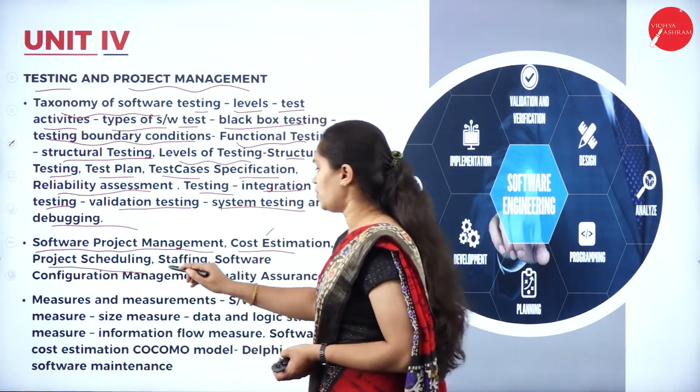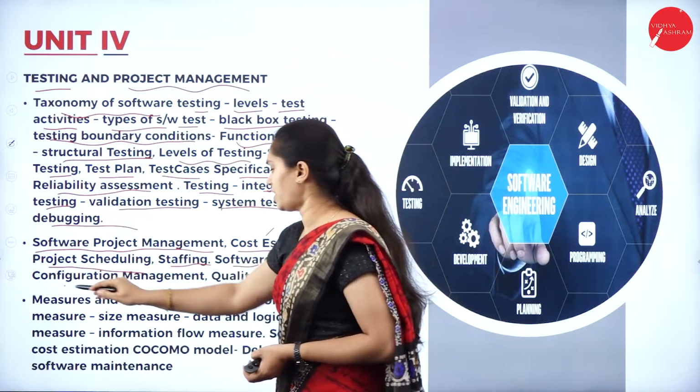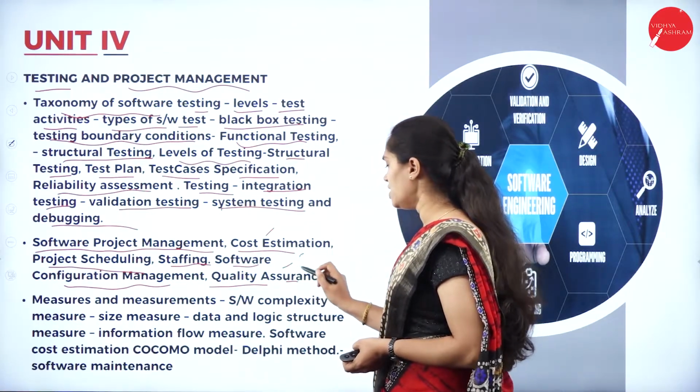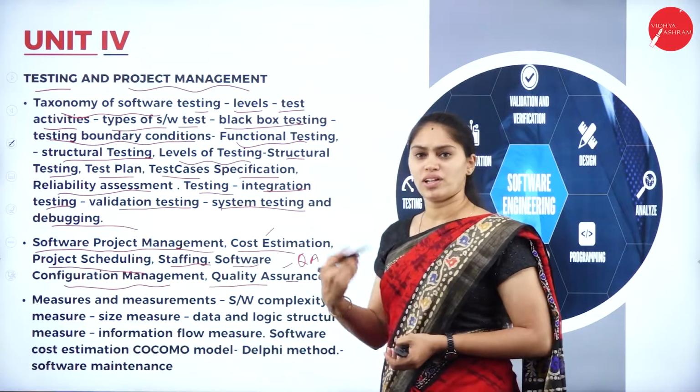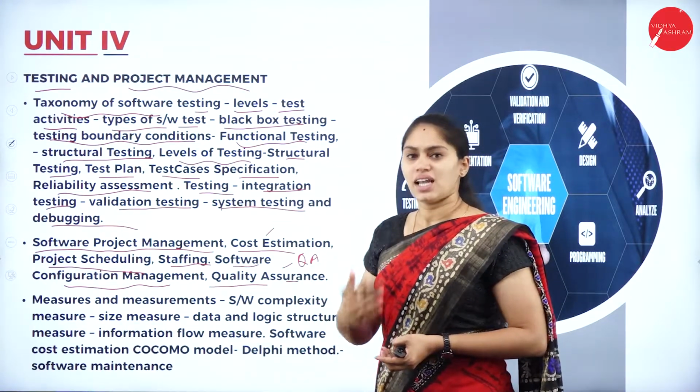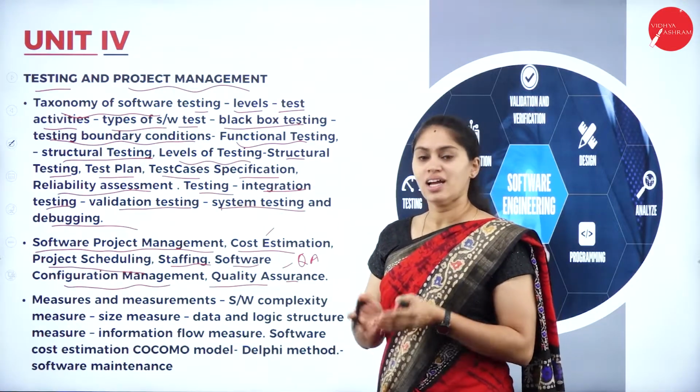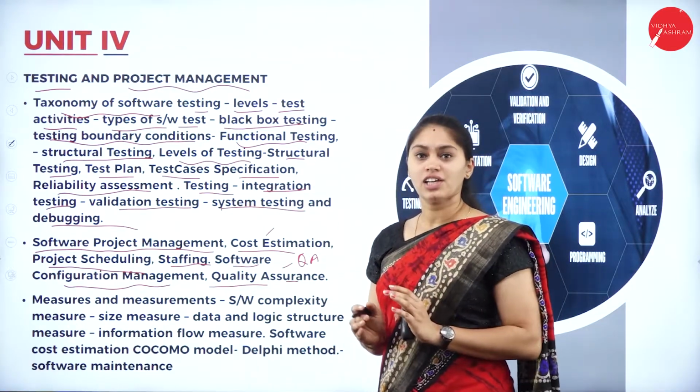And project scheduling, staffing, software configuration management, quality assurance. So you have to have QA, that is quality assurance. Whatever software is developed and delivered to the user as a product needs to be assured with good quality.